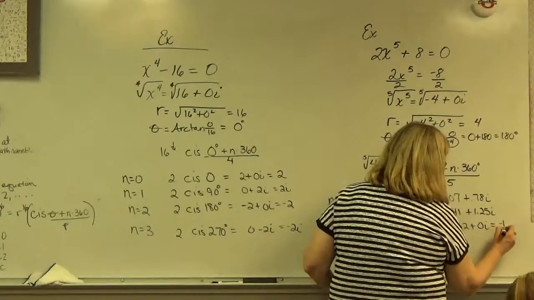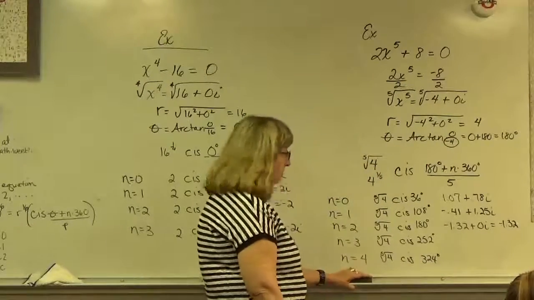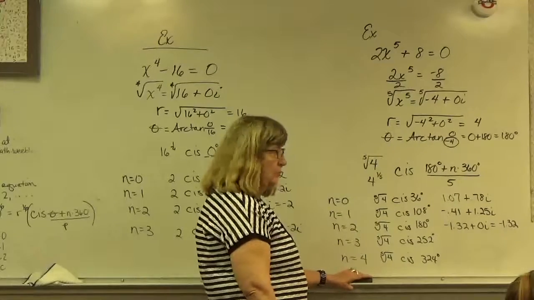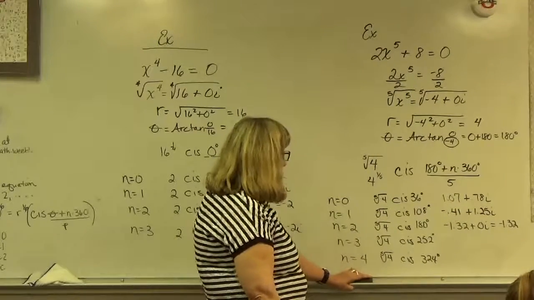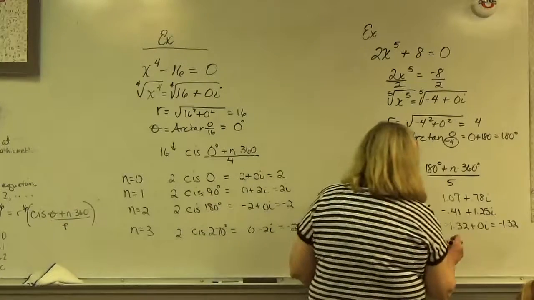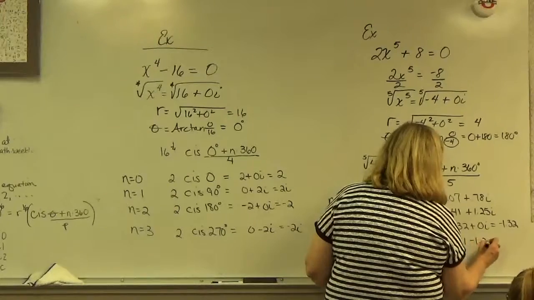Don't we know the sine of 180 is 0? Yeah. Okay, we're ready for the next one: the 5th root of 4 times the cosine of 252. I've got negative 0.41. And I predict the next one's negative 1.25.